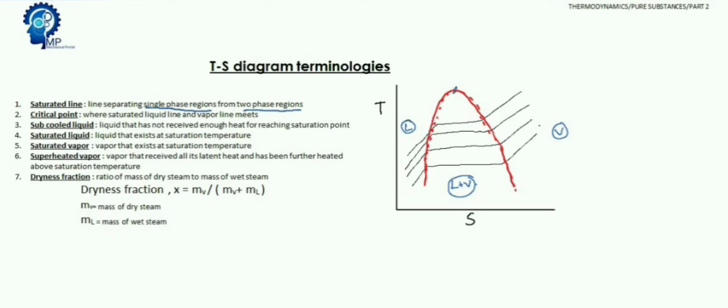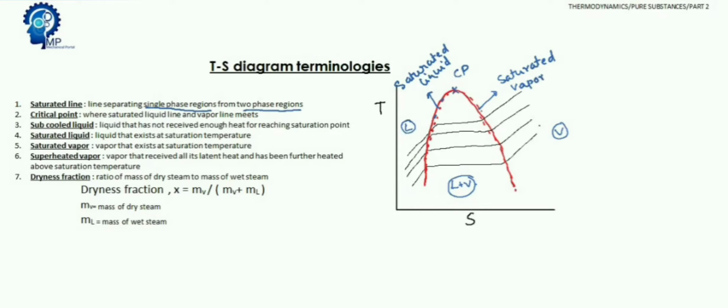So there should be a point which joins these two saturated lines. That is the critical point. The critical point is the point where the saturated liquid line and the saturated vapor line meet. This is the saturated liquid line, which differentiates liquid and the liquid vapor mixture.